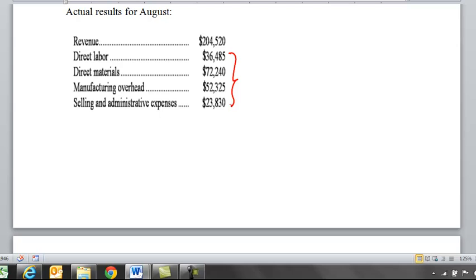We subtract all of our expenses. You add up all your expenses, you get 184,880. Take the difference, and your actual net operating income is going to be equal to 19,640.